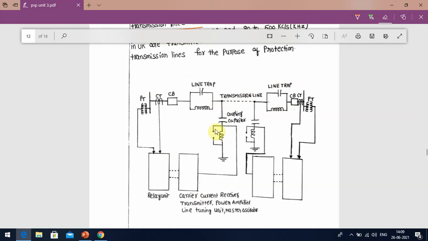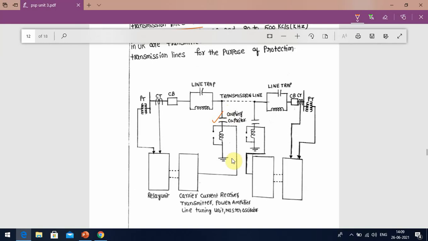The first one is the coupling capacitor. The carrier equipment is connected to the transmission line through the coupling capacitor.